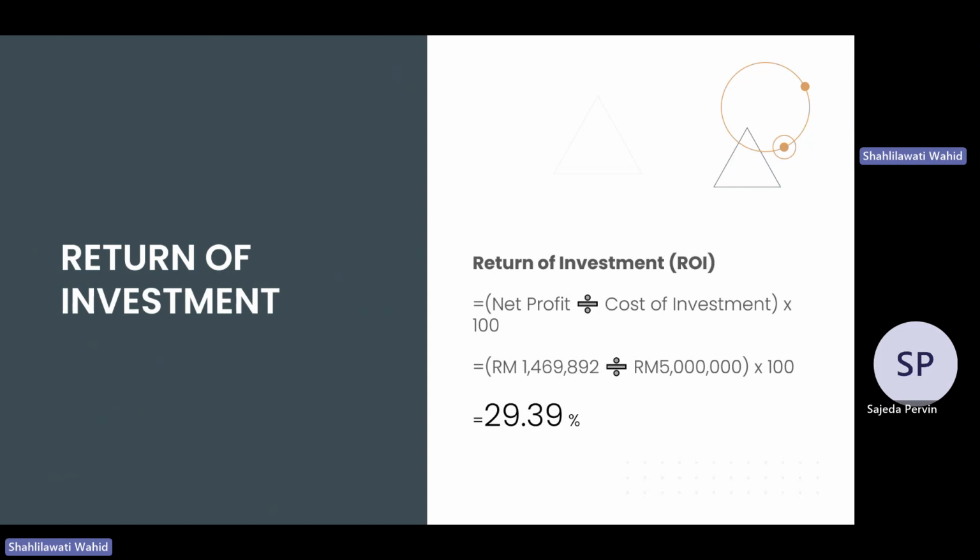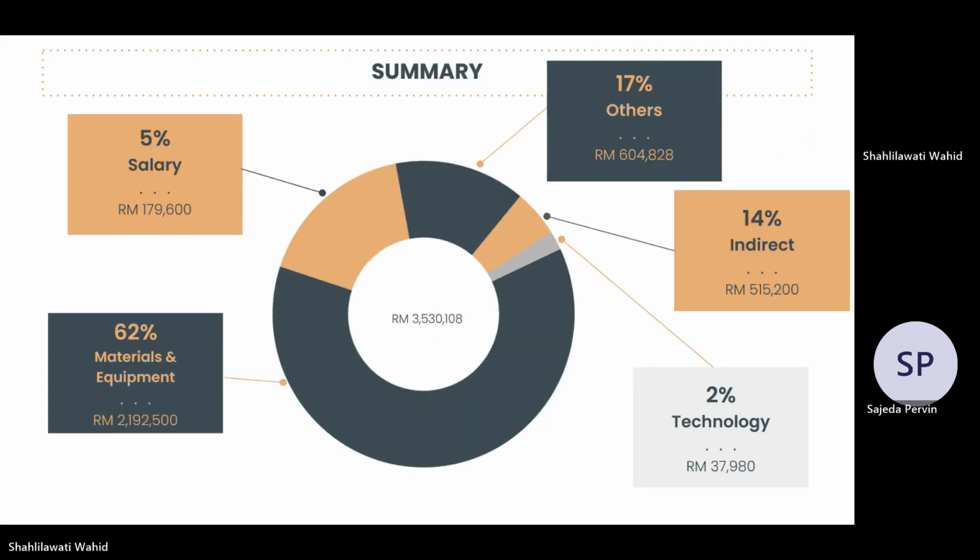If the profit margin is high, the return on investment is high, which is good for the company. This is our summary of total cost, and the material and equipment occupied the largest part of the cost, and others will consist of a small part of it.